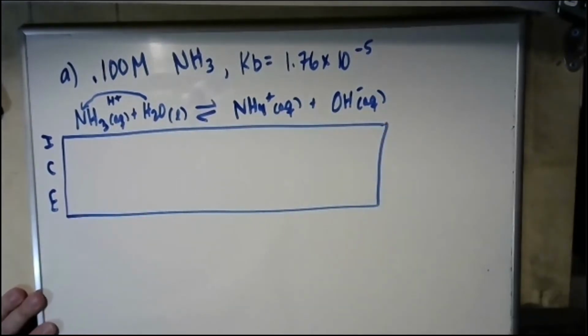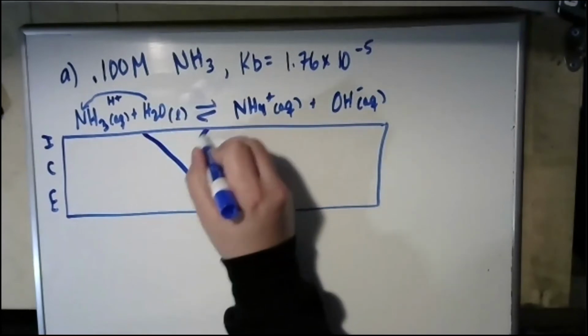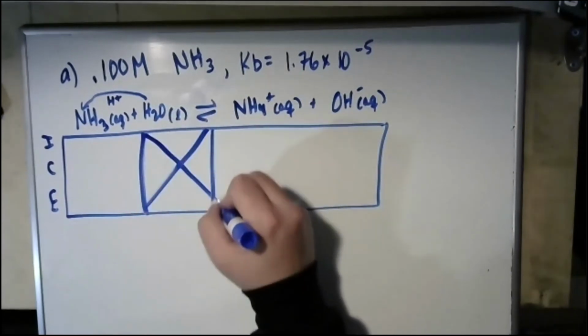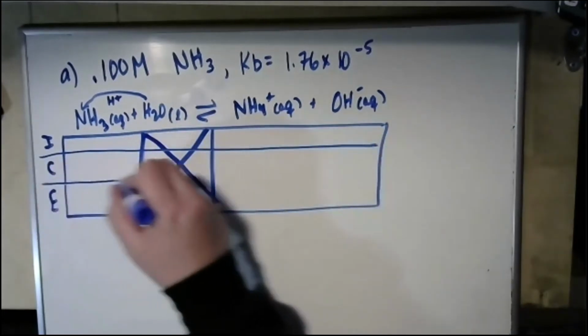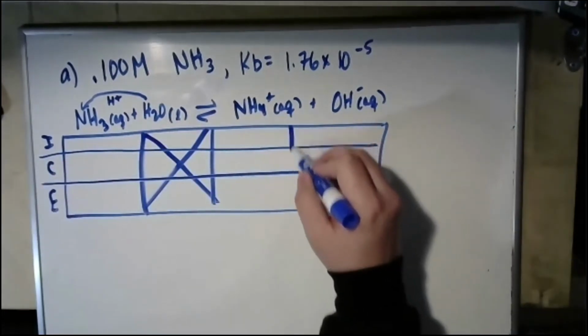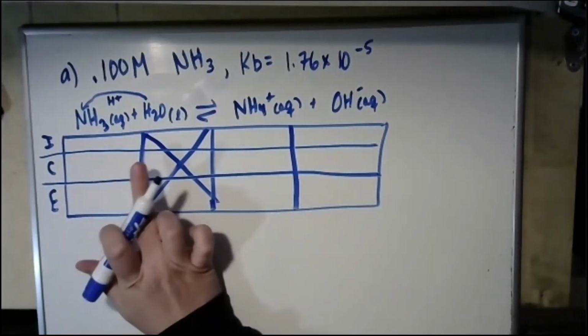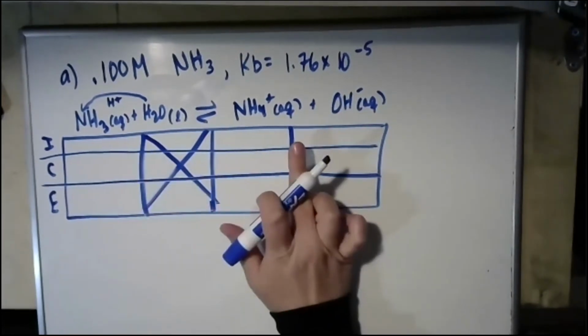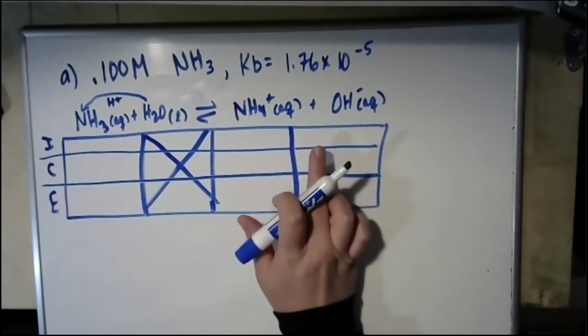And one thing that you should notice right away, as a difference between our acid reactions and our base reactions, is the existence of the hydroxide ion as one of the products. When we have a weak acid reaction with water, we are going to end up producing H3O plus as one of our products.